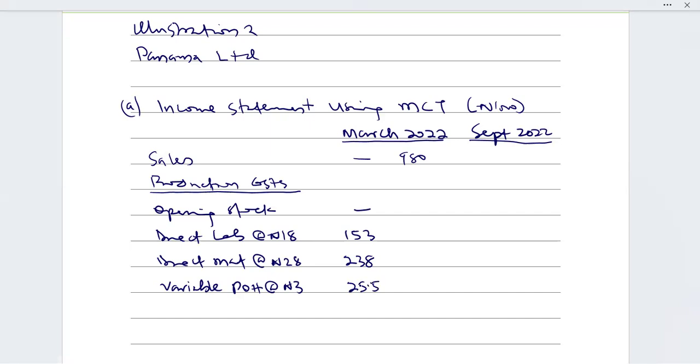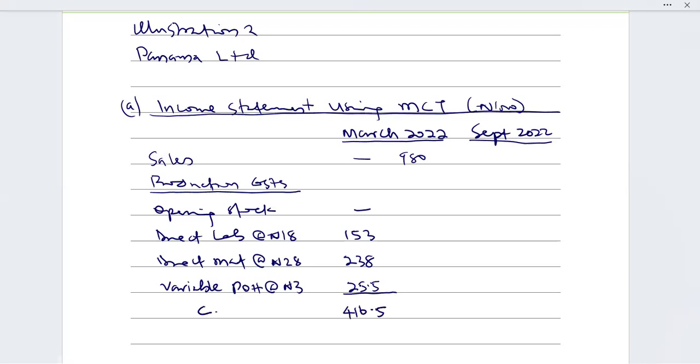Because we are using a marginal costing technique, you don't consider fixed production overhead. We don't have direct expenses in this question, so we ignore. Add it up. We have 416.5.